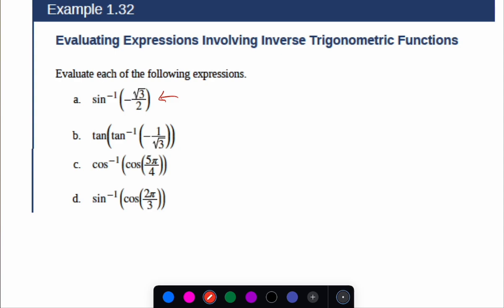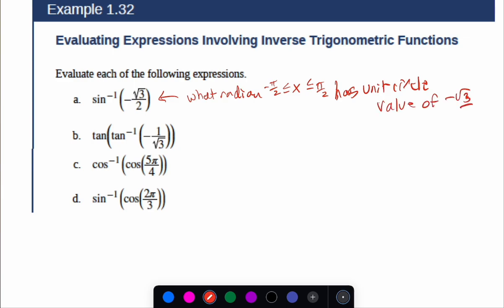This is saying what radian measure, for a sine, between negative pi over 2 and positive pi over 2, has a unit circle value of negative square root of 3 over 2.